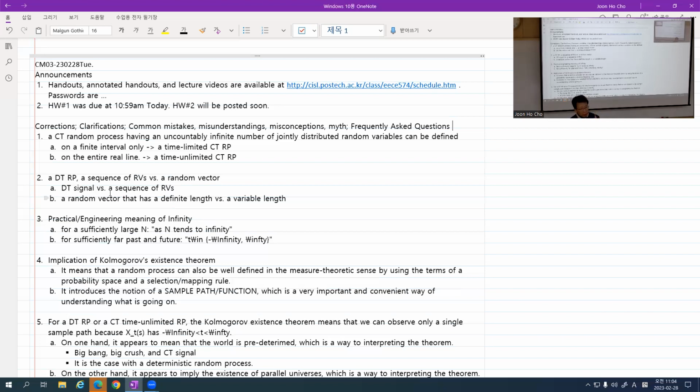Even if we limit the time interval to a finite length, we still have an uncountably infinite number of random variables, okay? So be careful. A CT random process, as I define, has an uncountably infinite number of jointly distributed random variables, and that may be defined on a finite interval or an entire real line, okay?